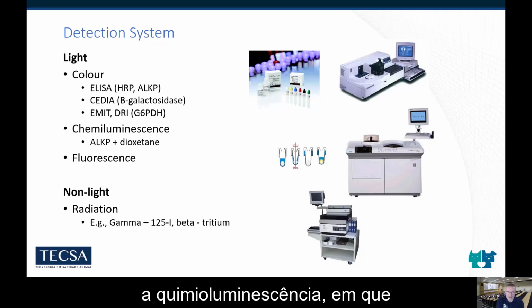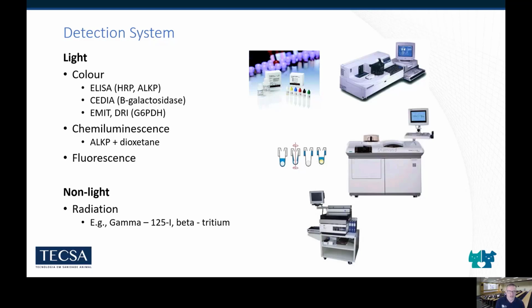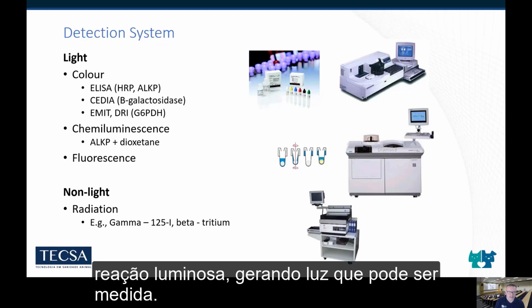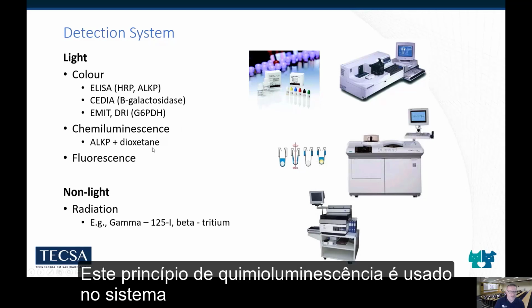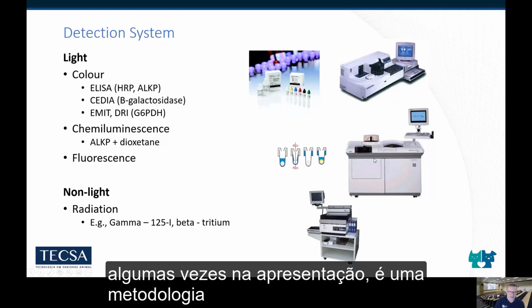They may be chemiluminescent, that is, there's a hormone molecule attached to an enzyme, alkaline phosphatase, that can induce a light reaction, a generation of light that can be measured. So this chemiluminescence principle is what's used in an Immulite, and we'll talk about Immulite quite a few times through the rest of the presentation.